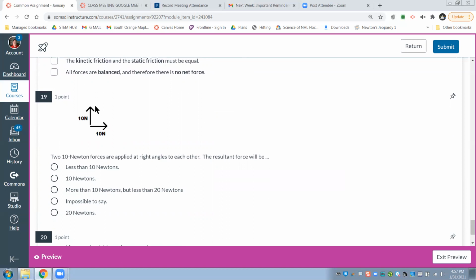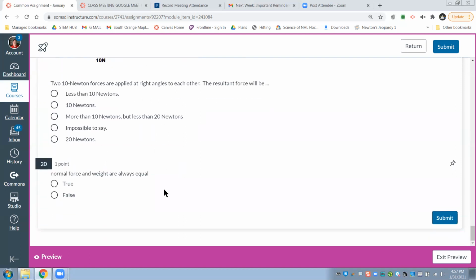So construct a rectangle, draw a dotted line this way, and then draw another dotted line this way. And where the two intersect, it makes a rectangle. Draw the diagonal of the rectangle, and that will be the value of the resultant force. It's going to be diagonal, so a little bit longer than the 10.